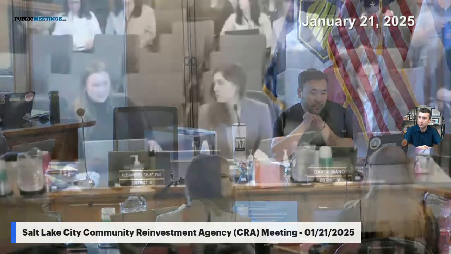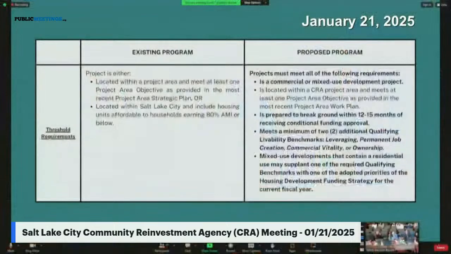Yeah, sorry to interrupt you. We could, if we wanted to dig into this more, slide 12, I think, actually has, or slide 11 and 12 would be good to check out. So this kind of highlights the differences between the existing RDA or CRA loan program and then the proposed program.